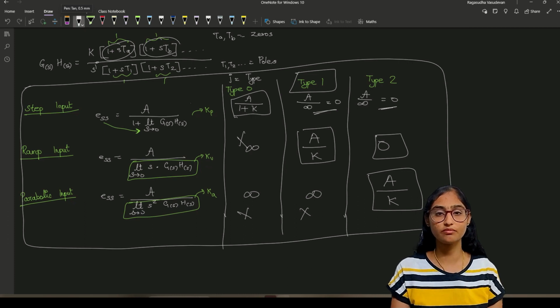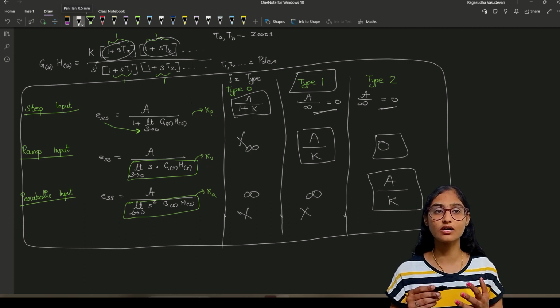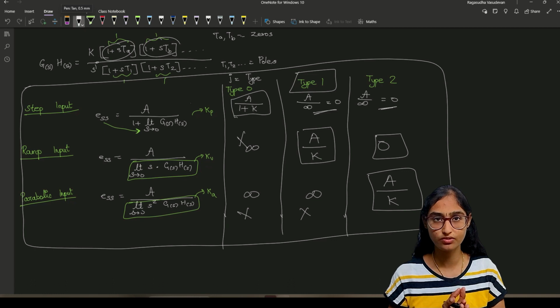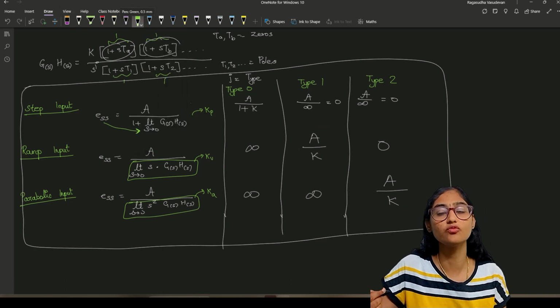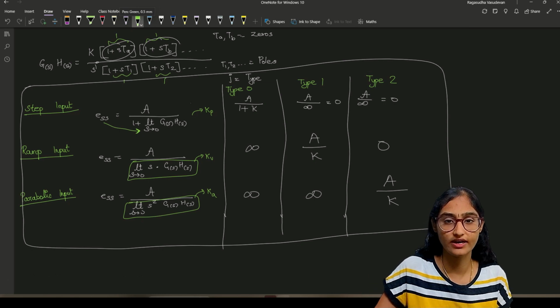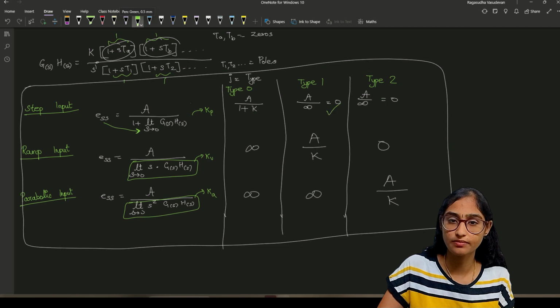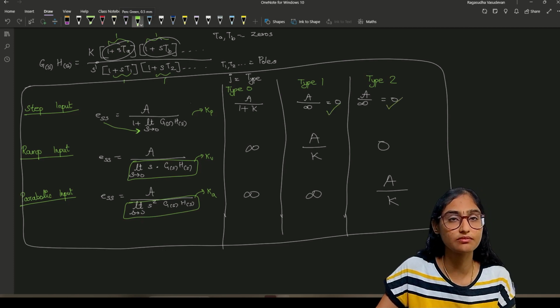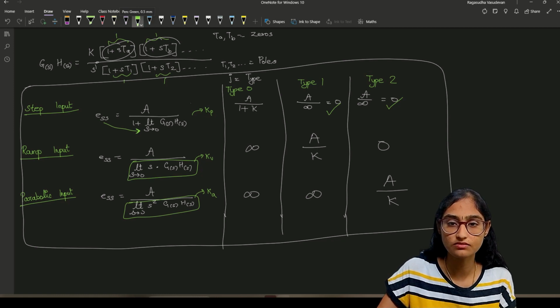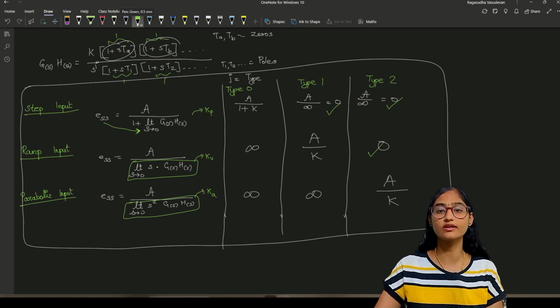Okay, so based on this table, you can understand which kind of input to apply for which system. Ideally, you want the error to be 0, right? So when you have a type 1 system, you can supply step input. Even for type 2 systems, you can supply step input, you will get 0 errors. And if it is a type 2 system, you can supply ramp input, because even in ramp input, you won't get errors.